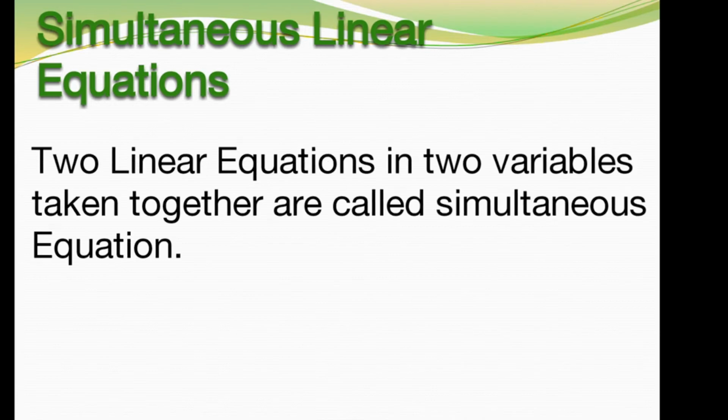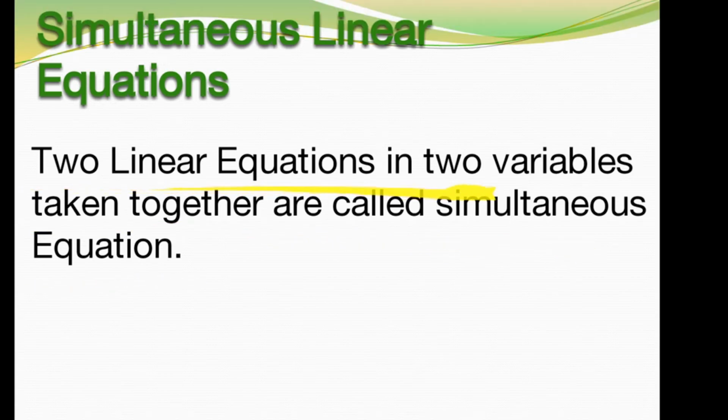In the example, we see the definition and then we explain with the help of an example. The definition of simultaneous linear equations is: two linear equations in two variables taken together are called simultaneous linear equations.